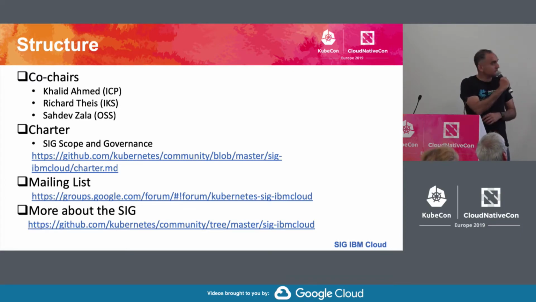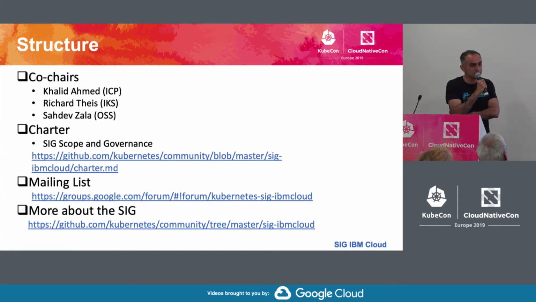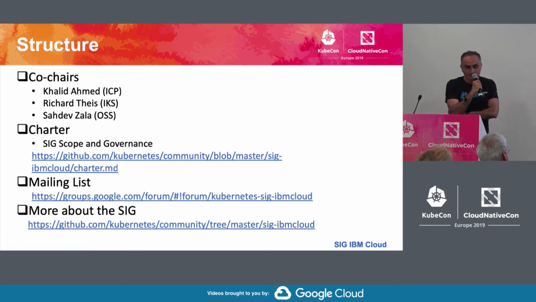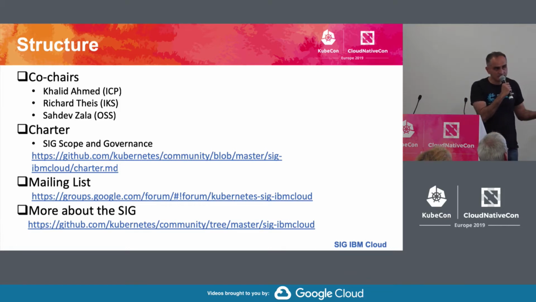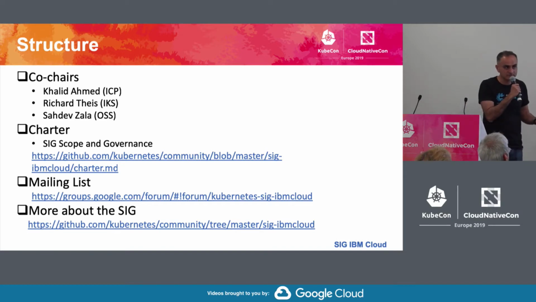There is a link on the GitHub Kubernetes community page. That's where the SIG IBM Cloud is, with a lot of information on it. There's a charter. We created the charter last year. A lot of SIGs now have a charter. What you get there is the scope of the SIG, like it's not for commercial discussion and other things, and then we follow the SIG governance.